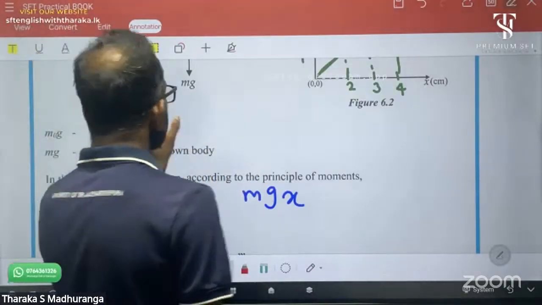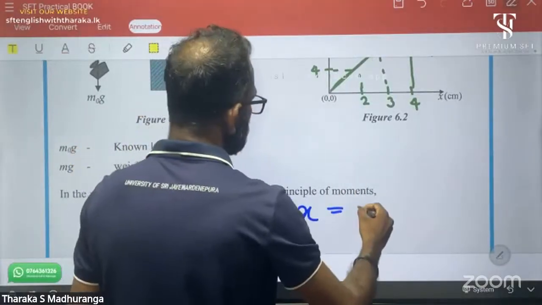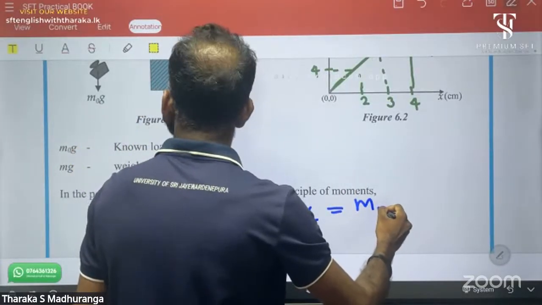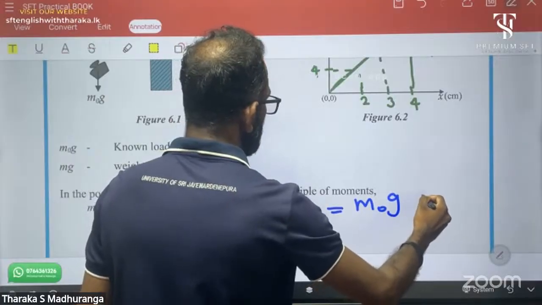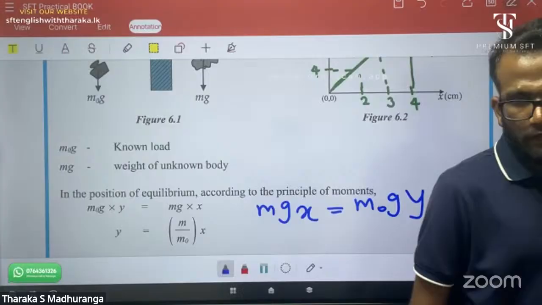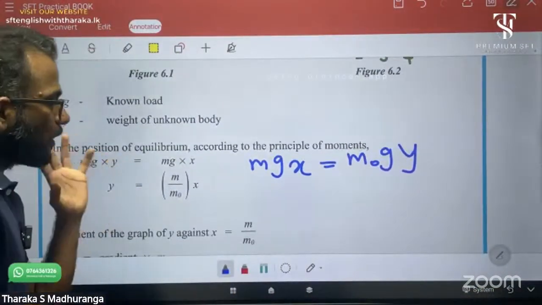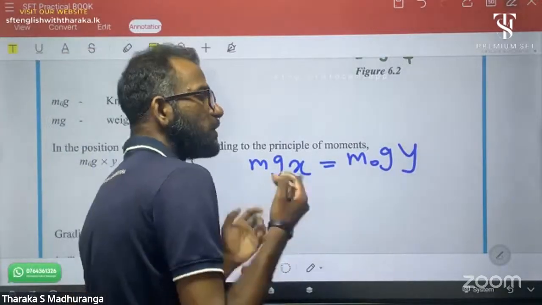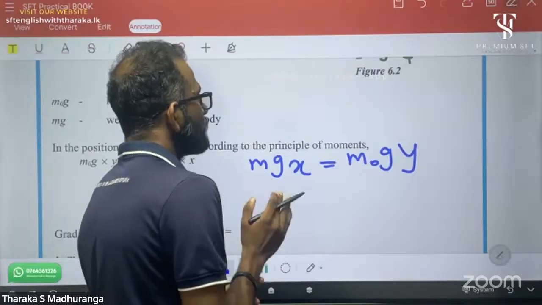Let the unknown mass be m naught, then it equals the anti-clockwise moment of force, m naught g into y, unknown mass into distance. This is the most important thing. After this, many practicals need it.